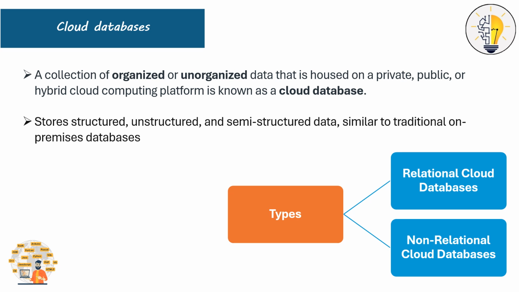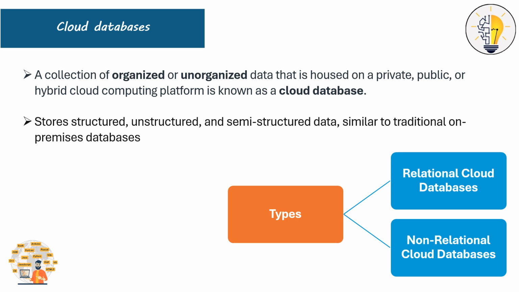What is a relational cloud database? It consists of tables with rows and columns. It is arranged in tables so that the data can be organized in a predefined relationship.